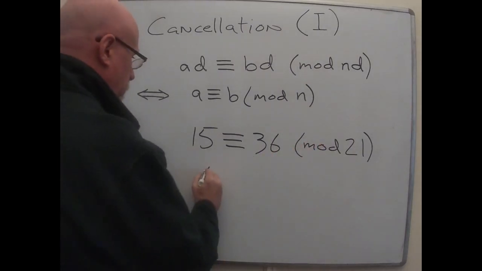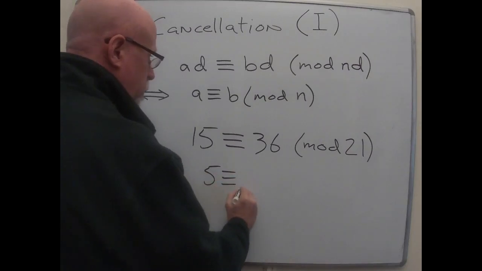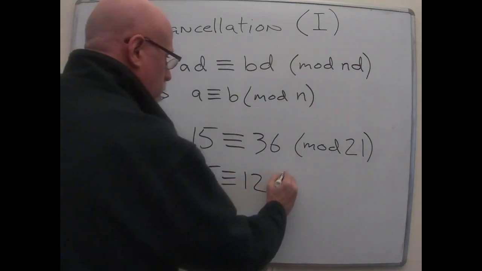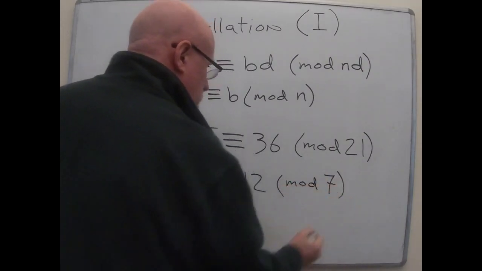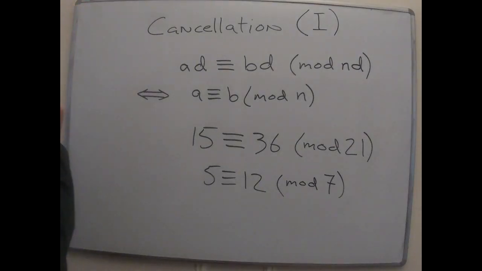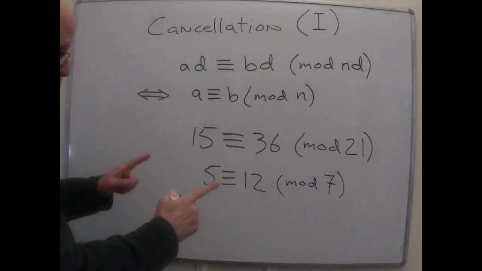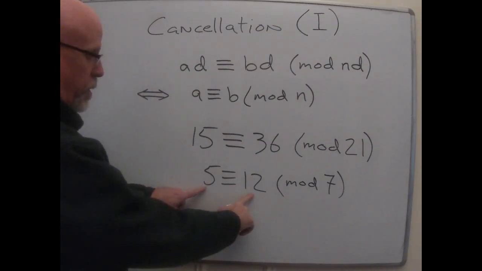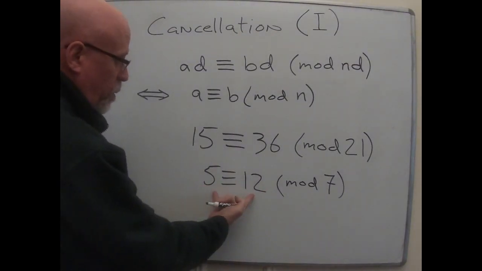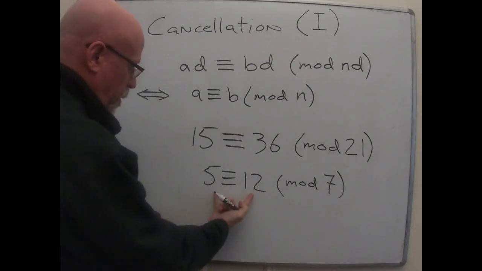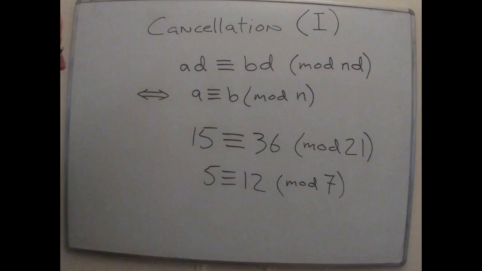Divide them then. So you get 5 is congruent to 12 mod 7. Is that correct? Sure it is. You can quickly see it because these differ by 7. So, not just a multiple. Ordinarily, we have to worry about the difference being a multiple of 7, but these literally differ by 7. Okay.